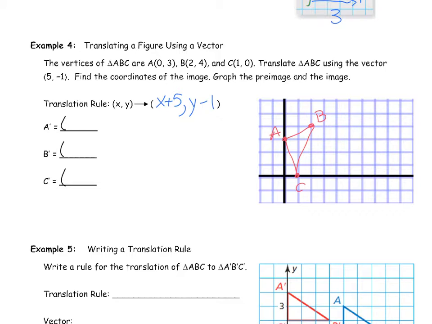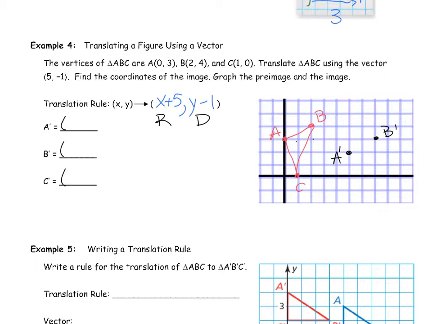So remember, x goes left, right, so we've been moving to the right 5. Y moves up, down, which means we're moving down 1. So we have to move every single point just like that. So we're going right, 1, 2, 3, 4, 5, and then down 1. So that's my new A prime. B over to the right 5. 1, 2, 3, 4, 5, and down 1. There's B prime.